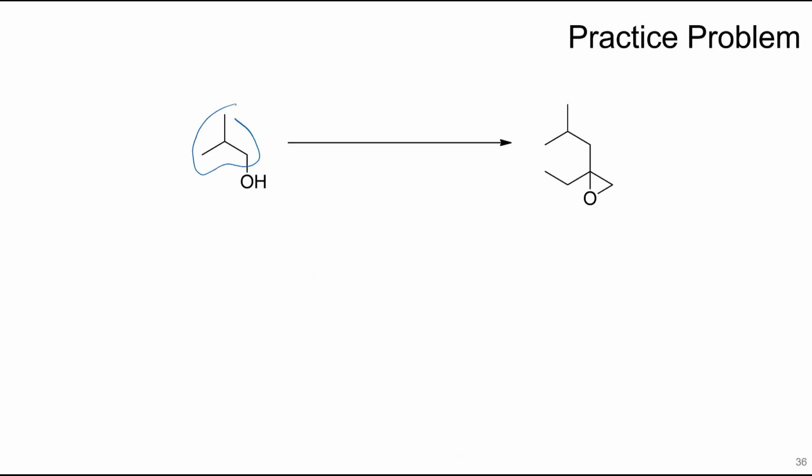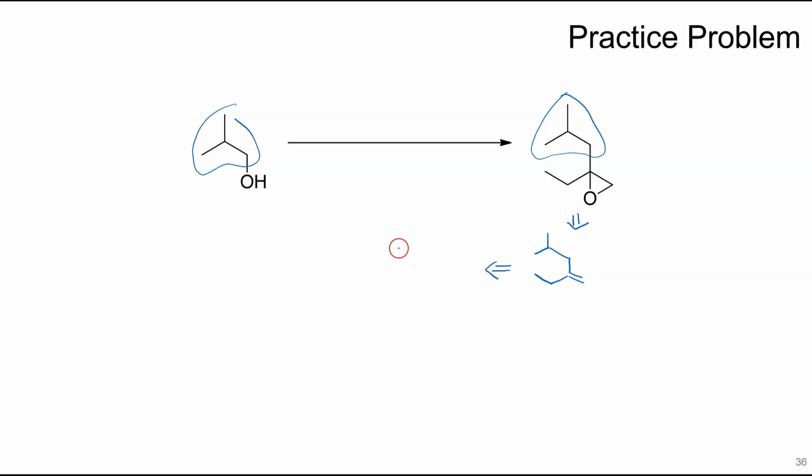This would be the original carbon chain with an oxygen. If we're working backwards, an epoxide needs to come from an alkene. So it might have looked like that.